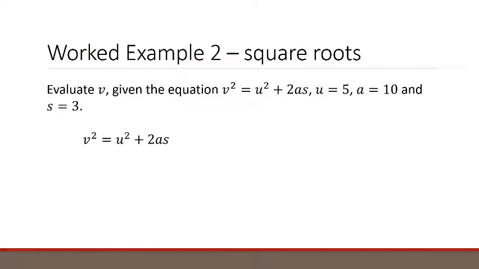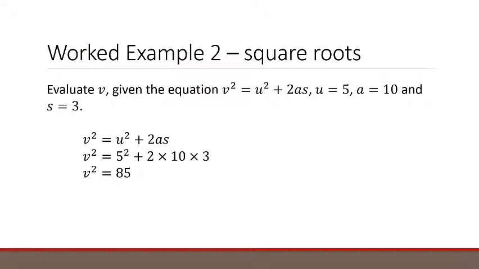So let's write down the equation. We're wanting to evaluate v, so we'll have to do something to the equation a little bit later. But we simply substitute. So v squared equals 5 squared plus 2 times 10 times 3. Calculating the right-hand side is 85, so v squared equals 85.